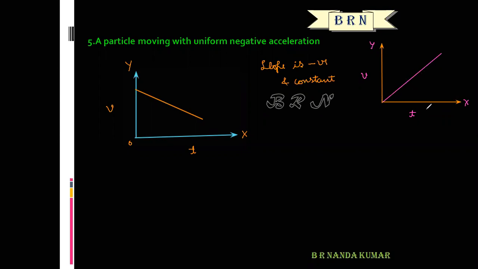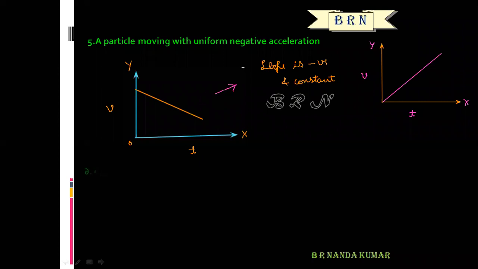That means as the time increases, the velocity of the particle increases by equal amounts in equal intervals of time. But here, as the time increases, the velocity of the particle decreases by equal amounts in equal intervals of time. So in this graph, slope is positive and constant, but in this graph, slope is negative and constant.